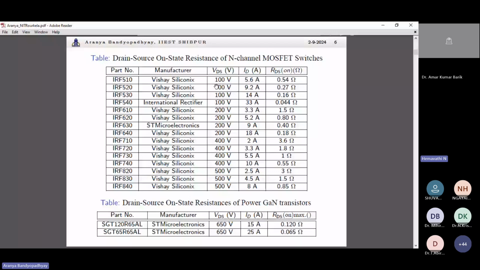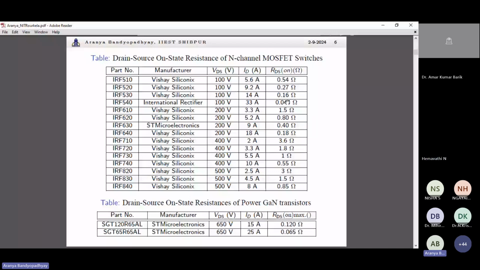But when the second number starts to increase, say 10, 20, 30, 40, the maximum amount of drain current that can traverse through the switch during its on condition also starts to increase. At the same time, when the current rating of the MOSFET switch increases, you will see that the switch on resistance, or drain to source resistance, starts to decrease.